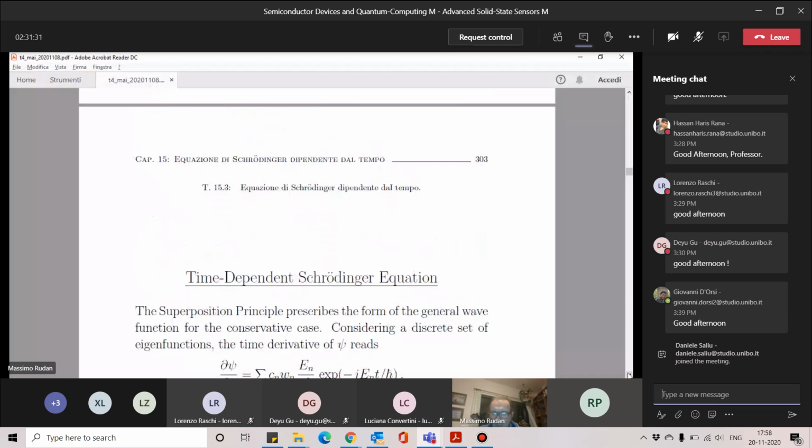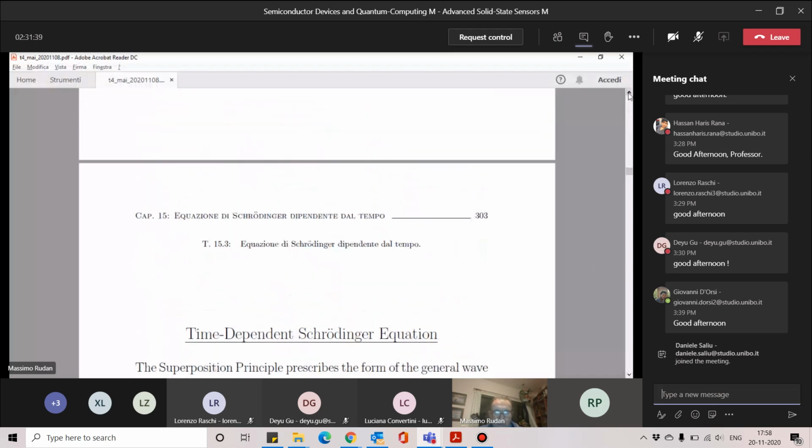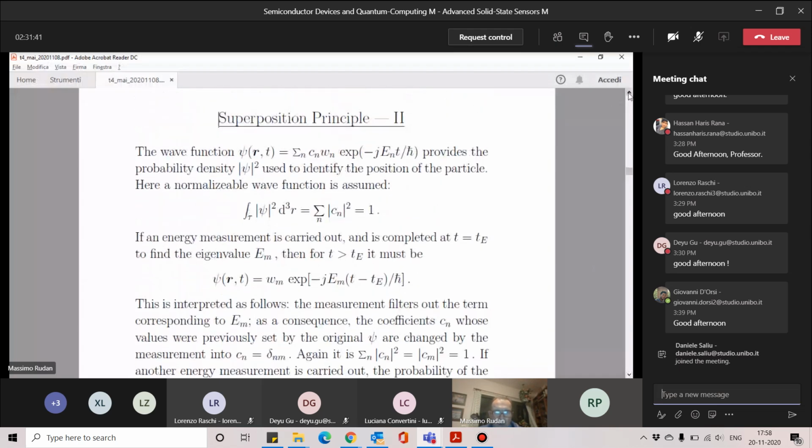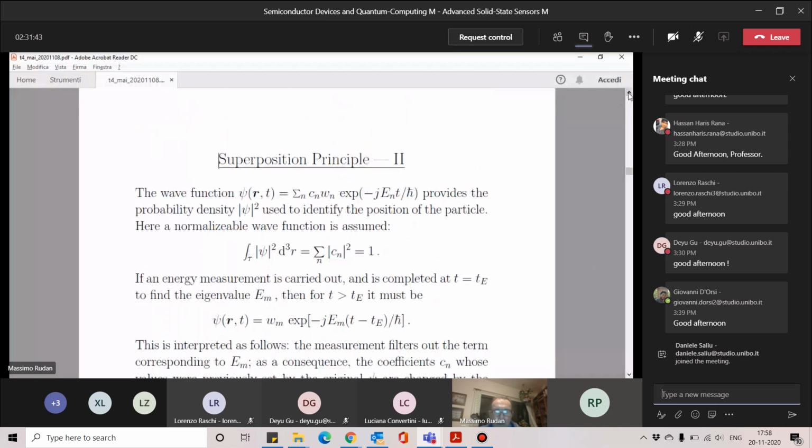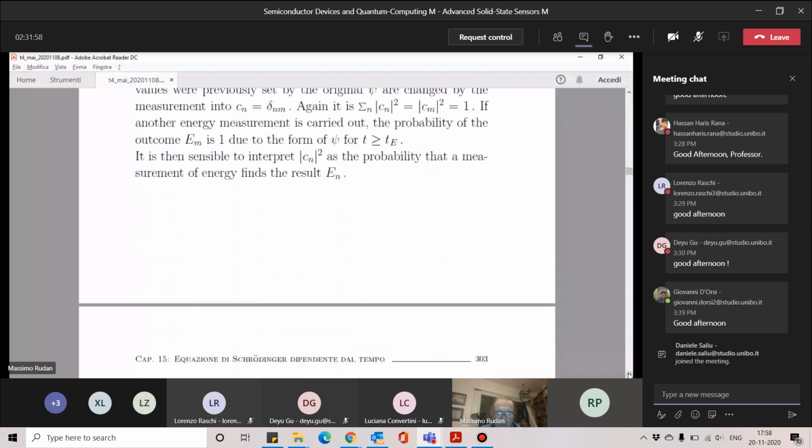Now we are ready to calculate the form of the differential equation whose solution is the superposition. As I said before, we postulate that the superposition is correct, and then we try to derive a differential equation such that the superposition is its solution.